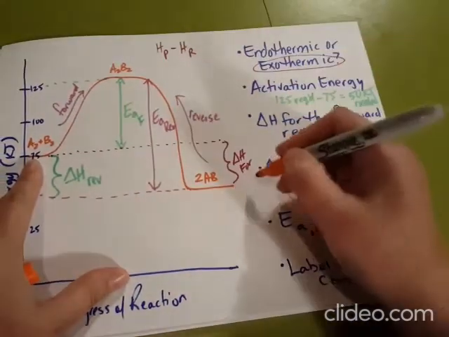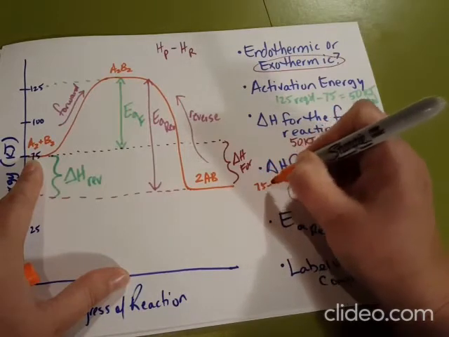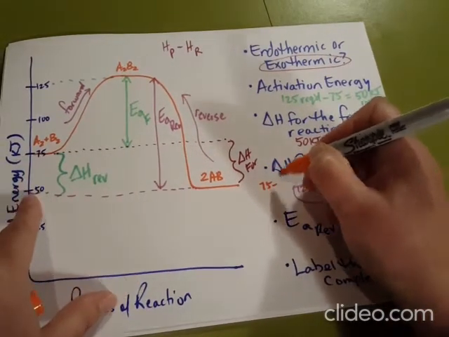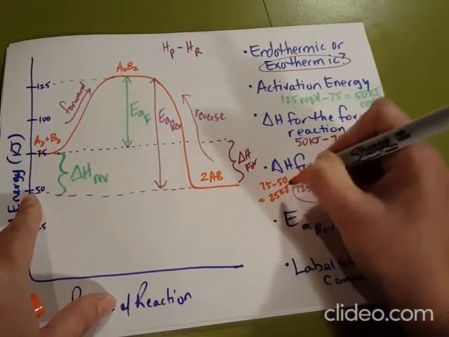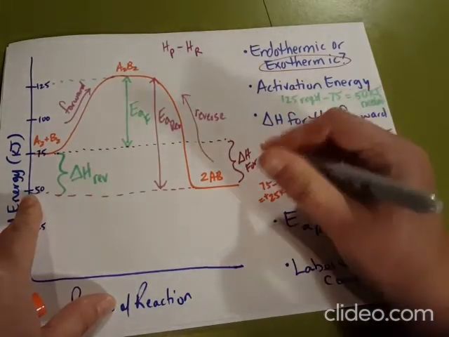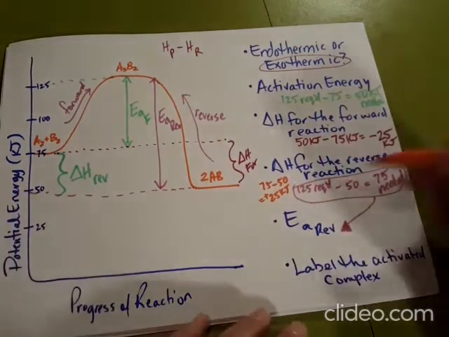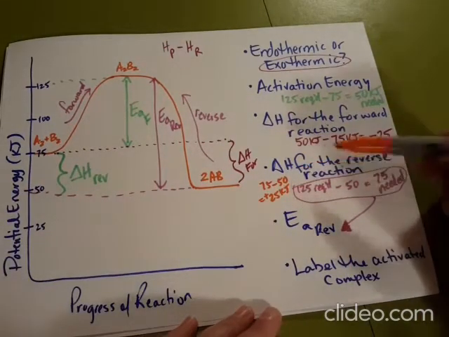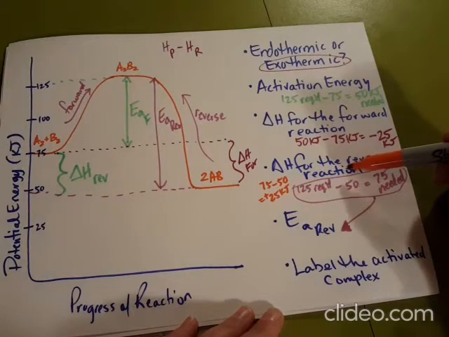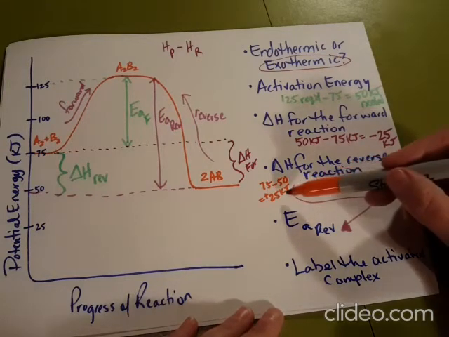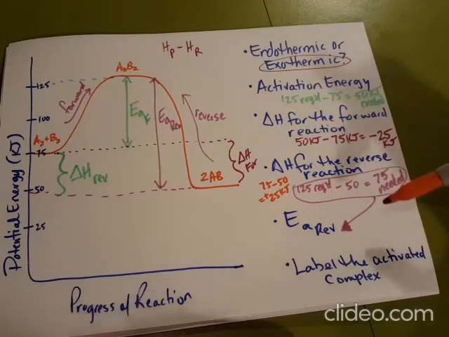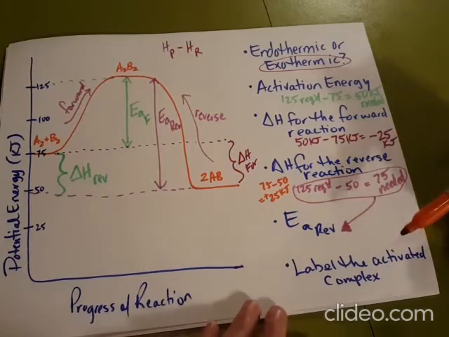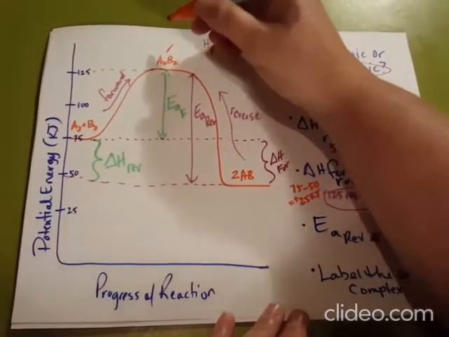So we'll do 75 minus 50, which means plus 25 kilojoules in terms of the delta H. So the reverse reaction is going to be an endothermic reaction where energy is going to have to flow into the system from the surroundings. And in terms of the whole piece, find the activated complex. We can see that up top here.